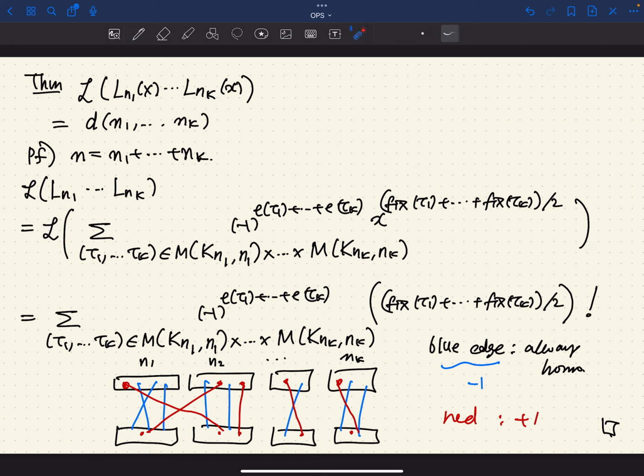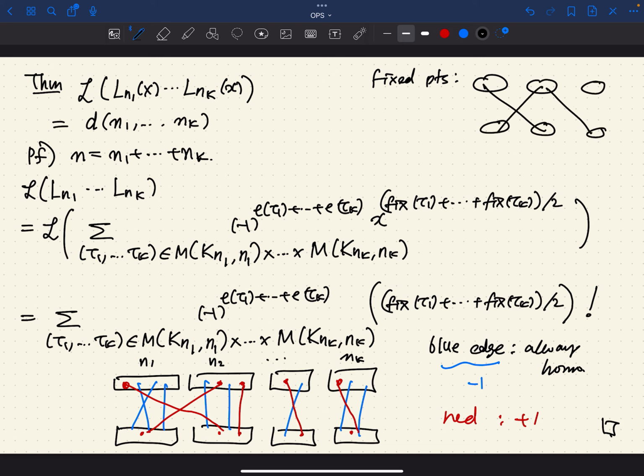So fixed points look like, you connect things like outside, something like that. So that was nice.